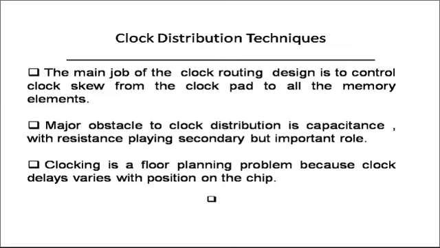Clocking is a floor planning problem because clock delays vary with position on the chip. There are multi-layered chips also, and in multi-layer chips you have to go for floor planning, deciding what circuitry you are going to keep at a particular position. In that case the delay varies depending upon the floor.